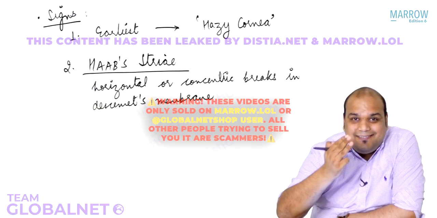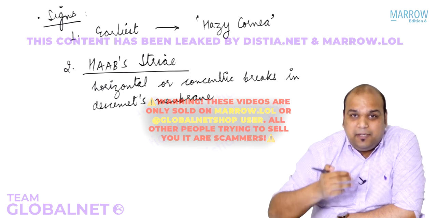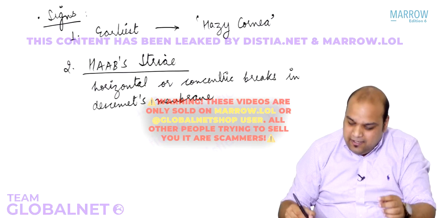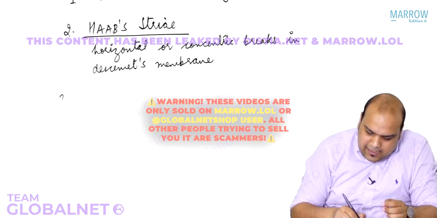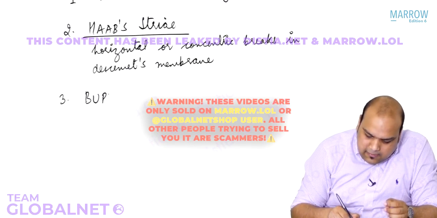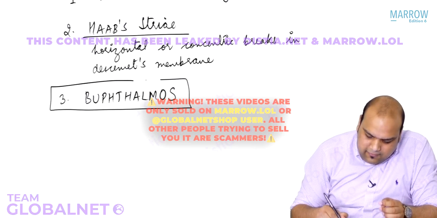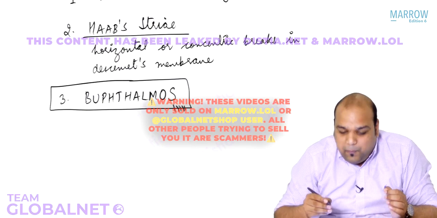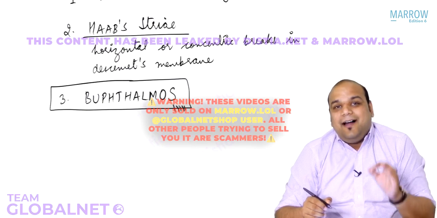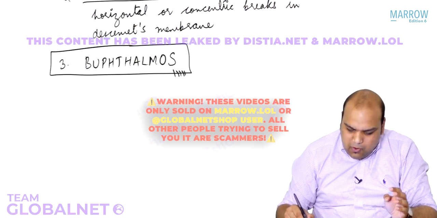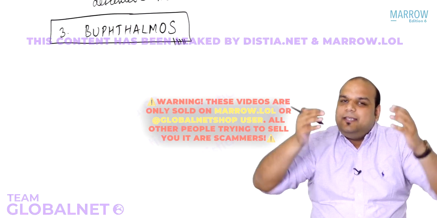Sign number 3, guys. Two layers have broken, but the IOP is still pushing the eyeball. The eyeball is continuously distending. So ultimately, you will see that the eyeball has become larger than its size, which is known as the characteristic word, if you have ever heard it, guys, I hope you have, buphthalmos, enlarged eyeball. Yes, the whole eyeball becomes larger than usual.